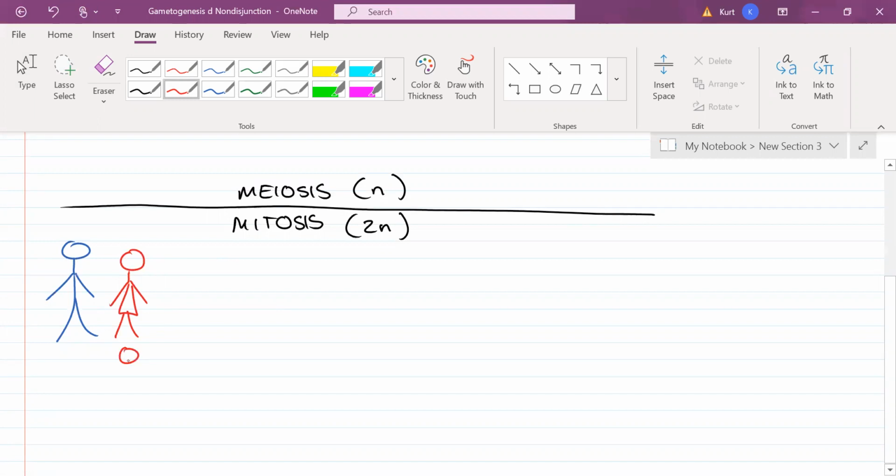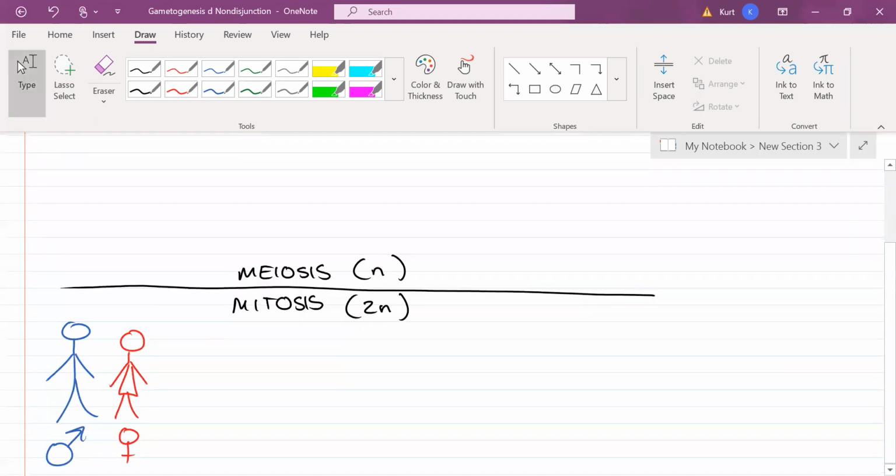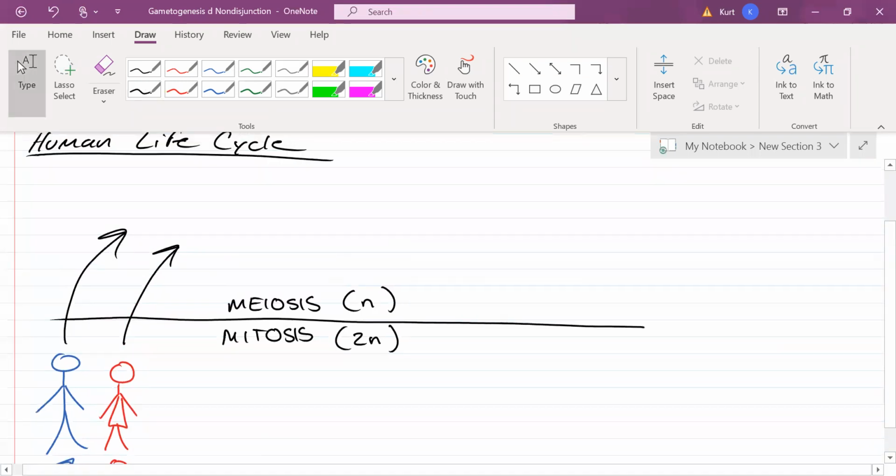So here's your female, here's your male, and they are going to be producing gametes. Now we're into the meiosis area. Males produce sperm, and females produce eggs.